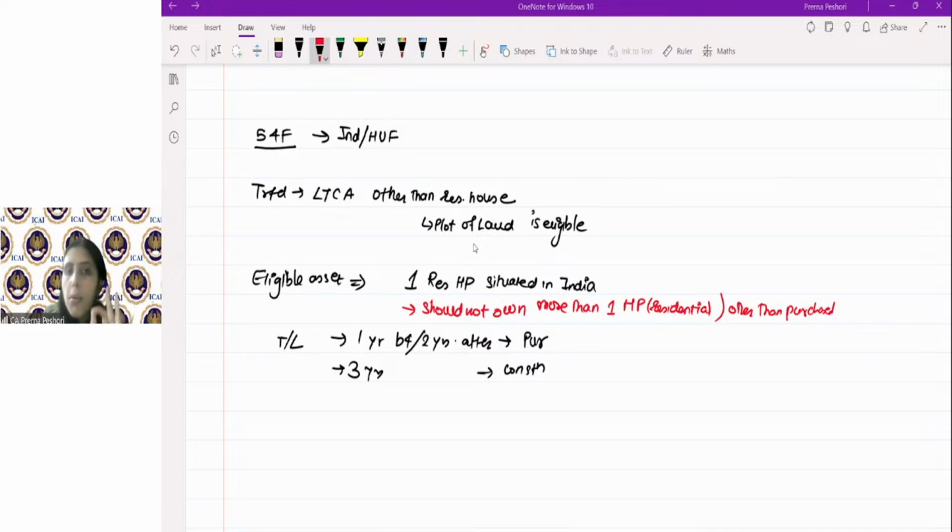And he should not purchase any other residential house within a period of 2 years or construct any other residential house within a period of 3 years.